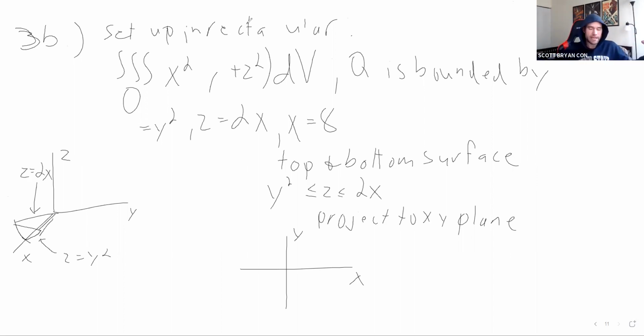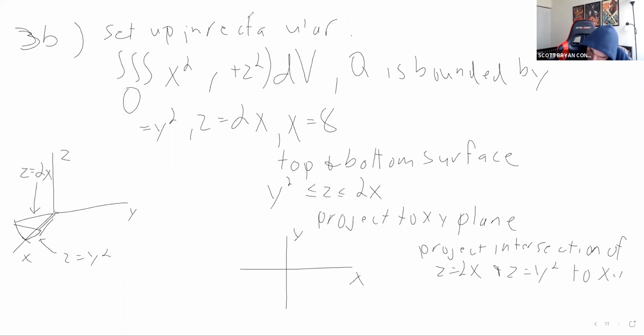The widest bit is going to happen at the intersection of z equals 2x and z equals y squared. So project the intersection of z equals 2x and z equals y squared to the xy plane. Essentially, we're going to forget about z.